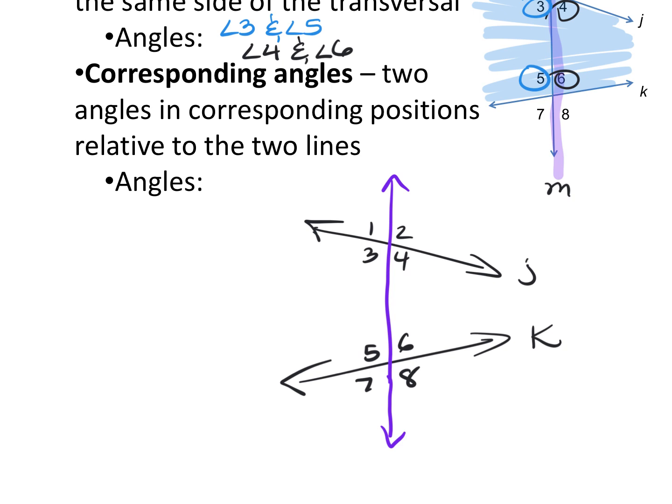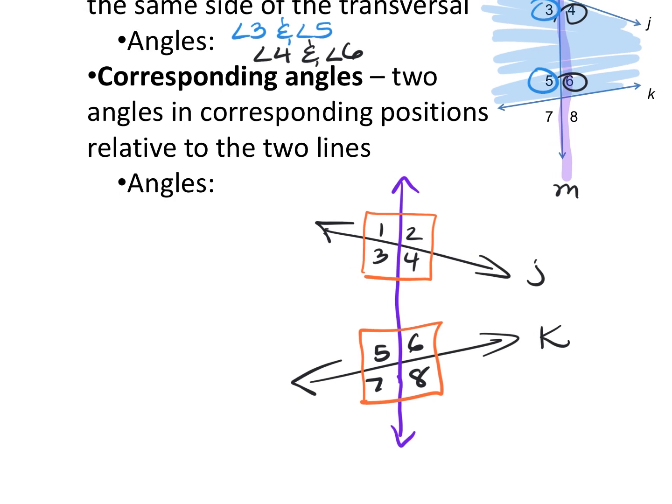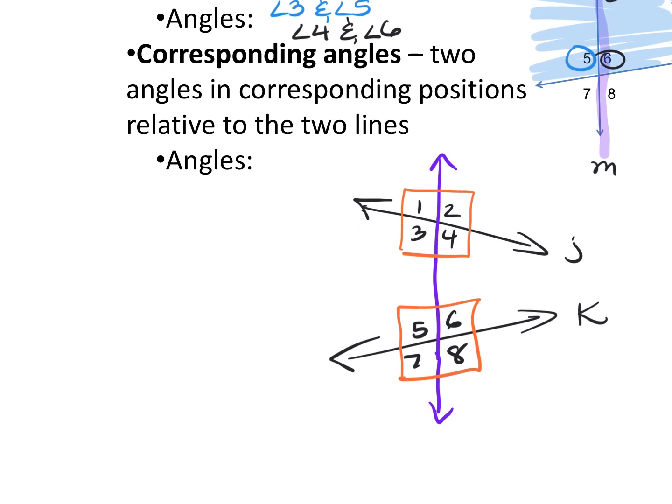So if it helps you to draw a box around the 4 angles that are sitting on, say, line J, and a box around the 4 angles sitting on line K. When I look for corresponding angles, I'm looking for an angle that has the same corresponding spot or position. So notice angle 1, it's up here in the top left corner of the box, and it's going to match with angle 5.